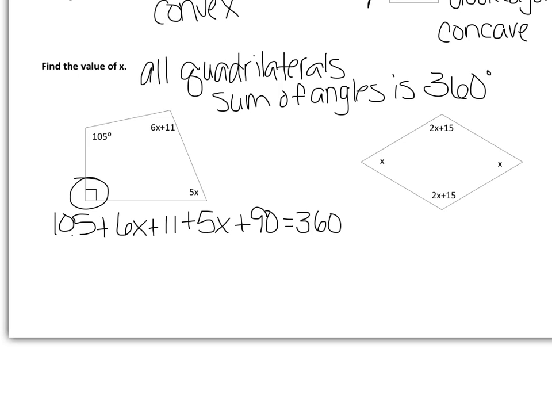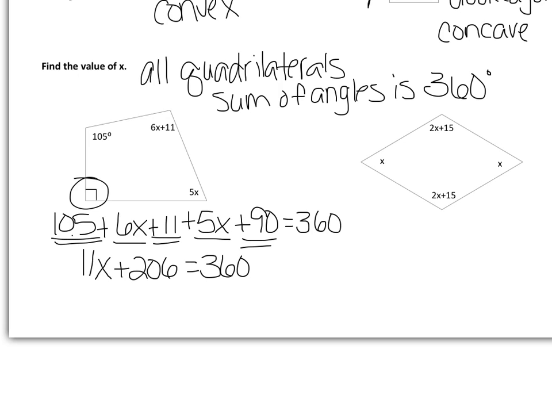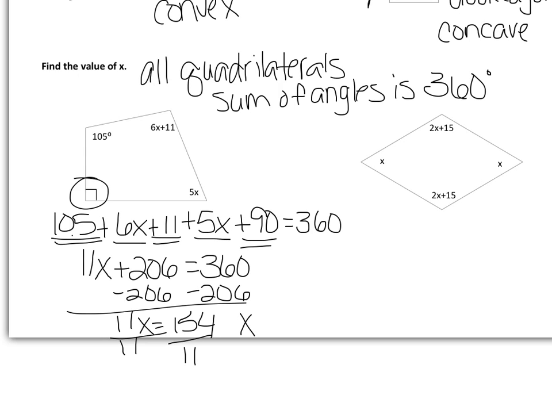Now I have a bunch of like terms that I can combine. 6x plus 5x gives me 11x. And then 105 plus 11 plus 90 gives me 206, and that is equal to 360. Subtract 206 from both sides. 11x equals 154, and if I divide by 11, x equals 14.